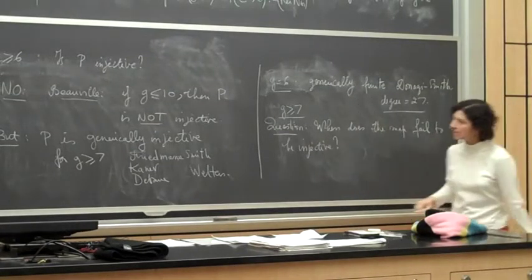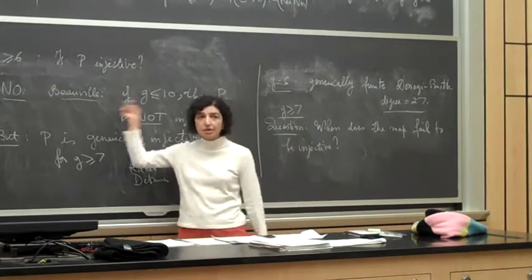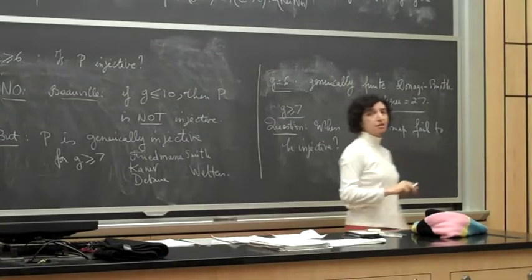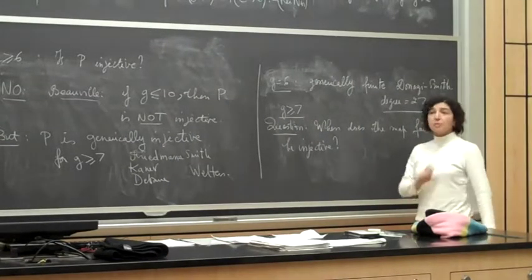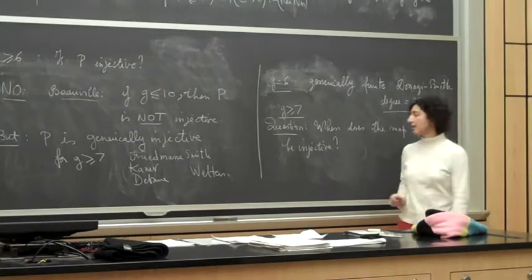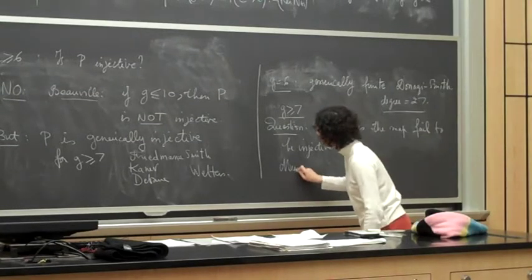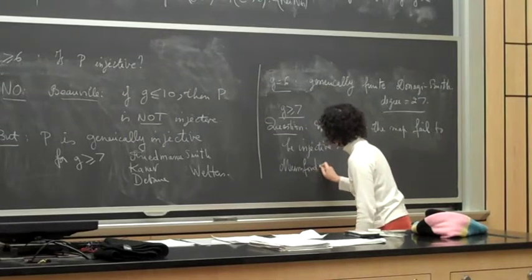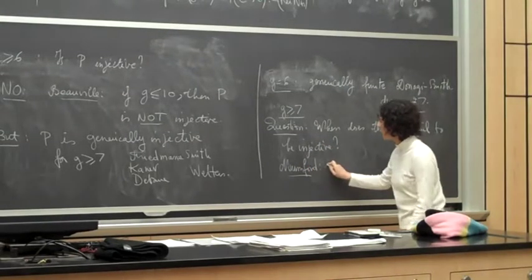Okay, as I said, there were some examples of Beauville in low genus. Mumford did a computation for hyperelliptic curves, which shows that it's never injective if the curve is hyperelliptic.